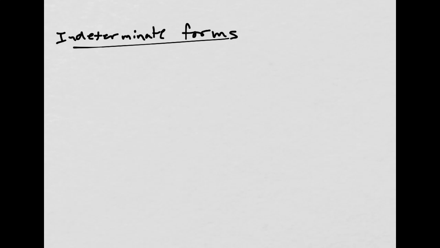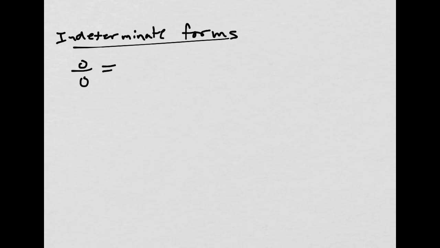So what does it mean, indeterminate form? It's not really an expression. It's something where you can't tell the value of that number. I'm going to give you examples of indeterminate forms. 0 over 0 is an indeterminate form.